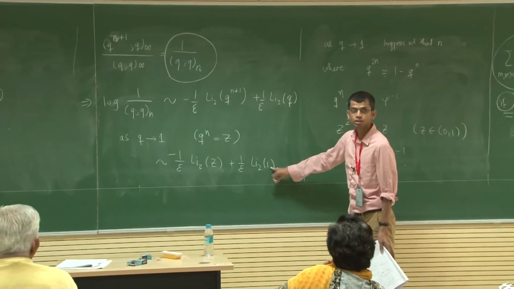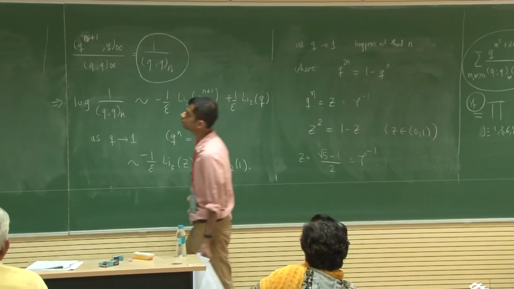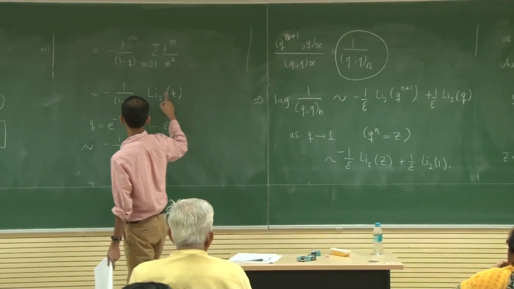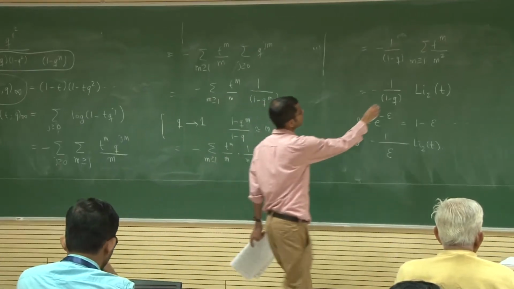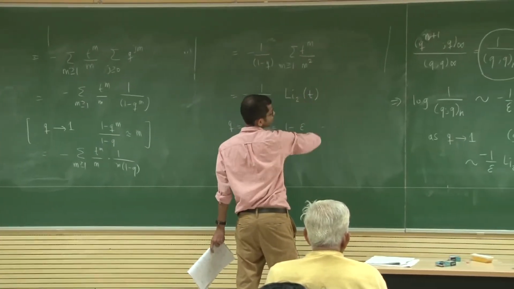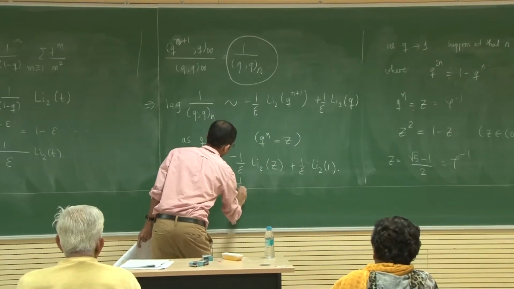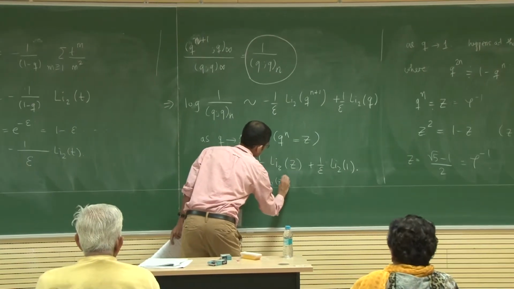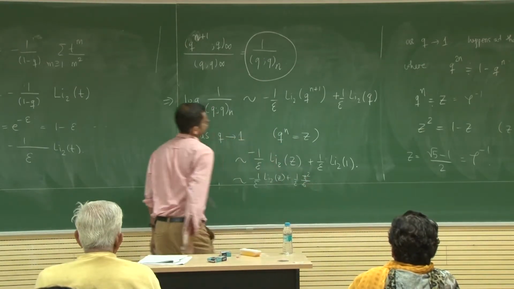What is Li2 of 1? Pi squared over 6, it is zeta 2. Just plug in, where was it? I forget. Here. Plug in t equal to 1, you get pi squared over 6. Okay.